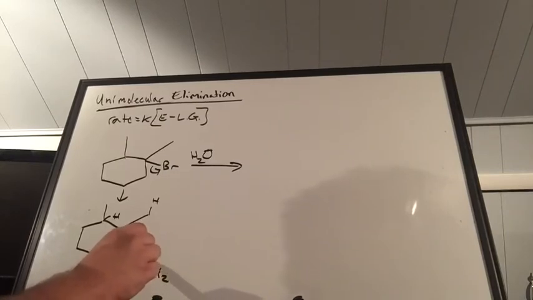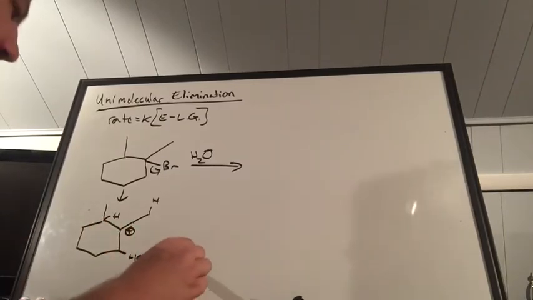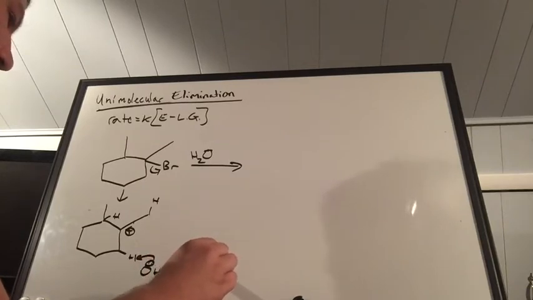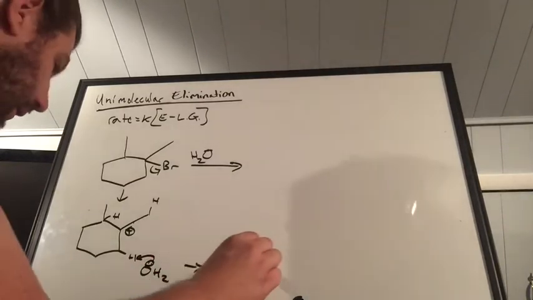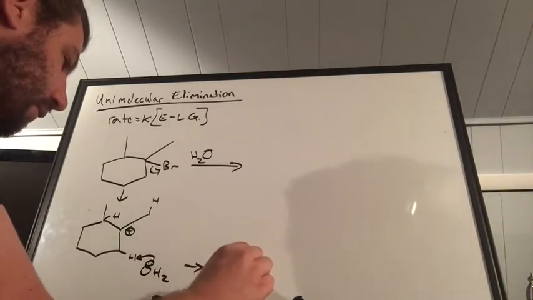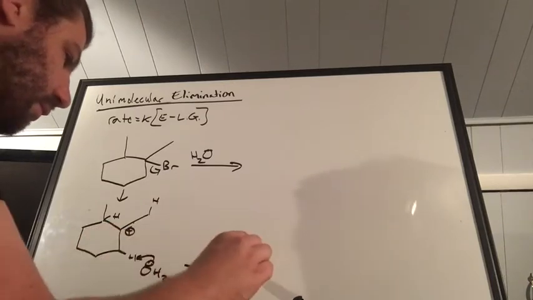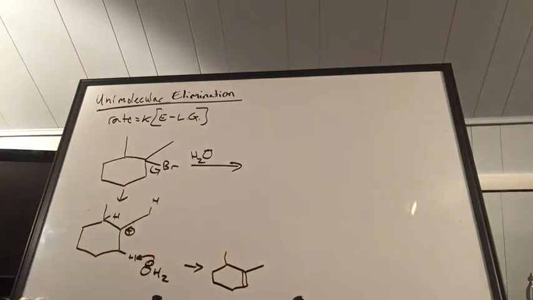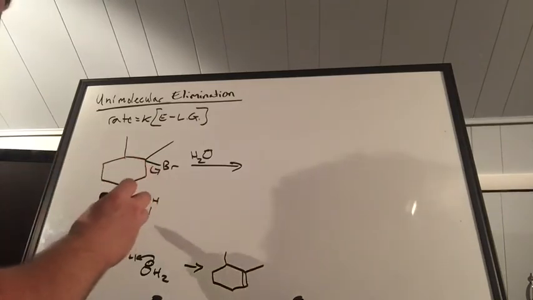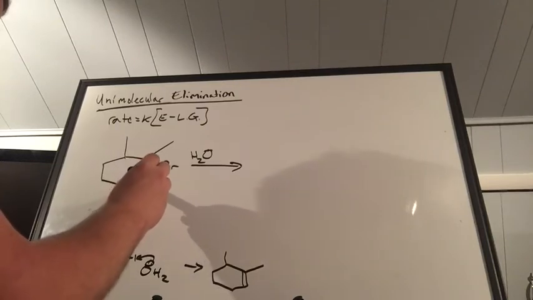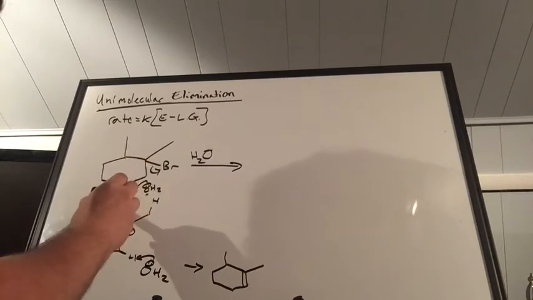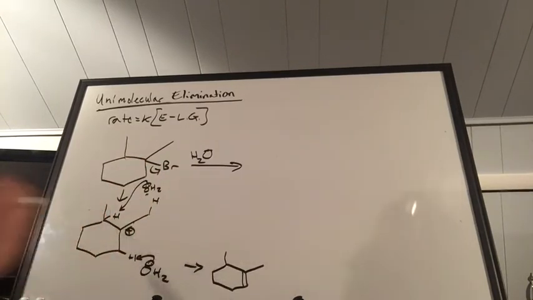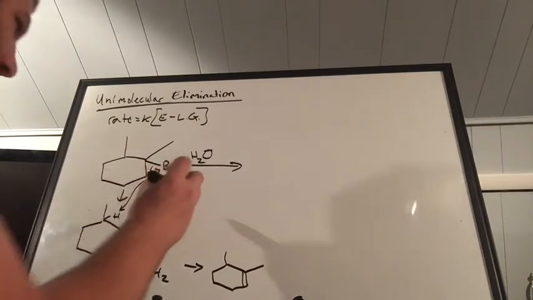Say water takes this one first. That's going to lead to, I'm going to draw this really small, okay, so there's one option. We'll say the second option is water taking this hydrogen, and these electrons cascade down to form the double bond right there.